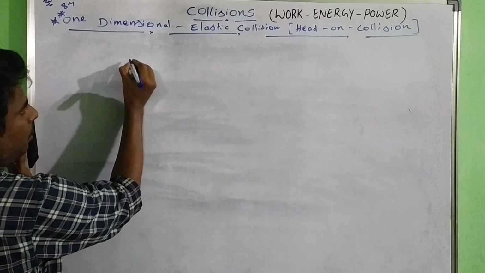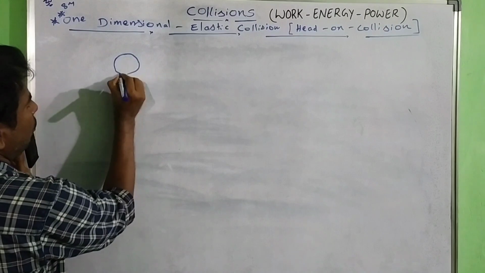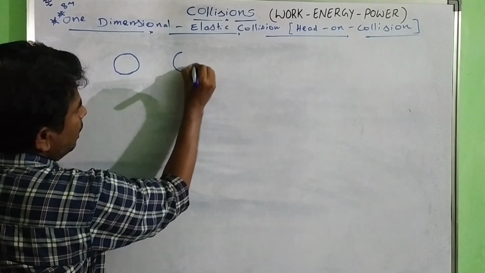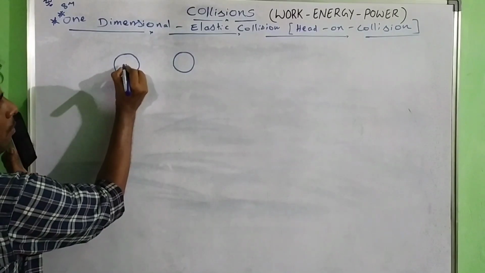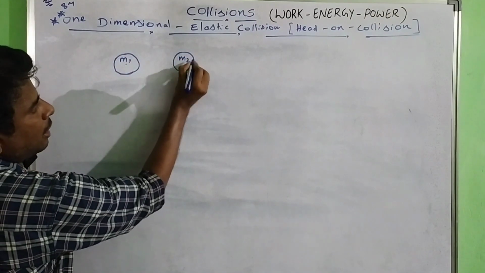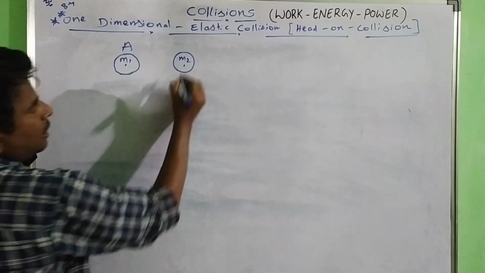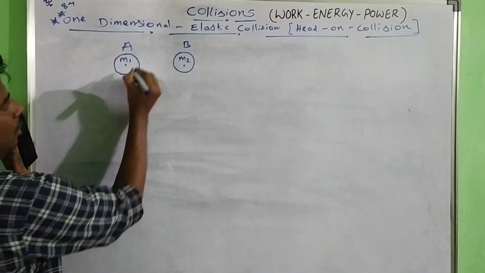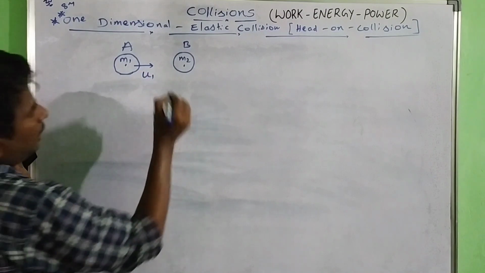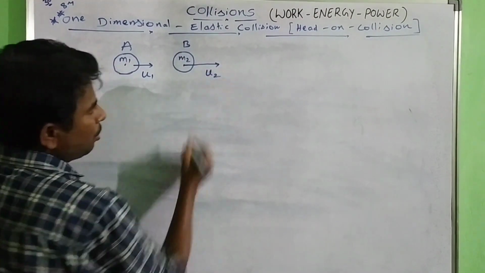Now the most important concept, the diagram. This is the first ball, and this is the second ball. Here the first ball's mass is m1, the second ball's mass is m2, and the first ball is taken to be A, the second ball B. The first ball's initial velocity is u1 and the second ball's initial velocity is u2.